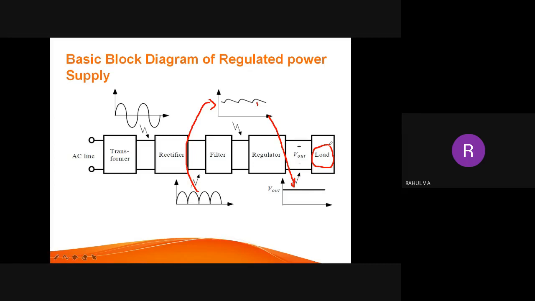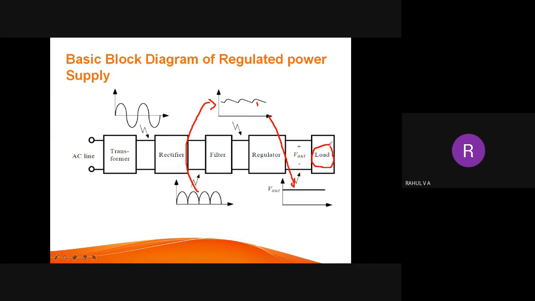If you take the basic block diagram of a regulated power supply, it will have a transformer. First, what is the purpose of the transformer? It will reduce the magnitude of AC, or may increase it, depending on the application. In the case of a mobile charger, it will reduce the magnitude of the AC supply to a lower magnitude. Then we have a rectifier.